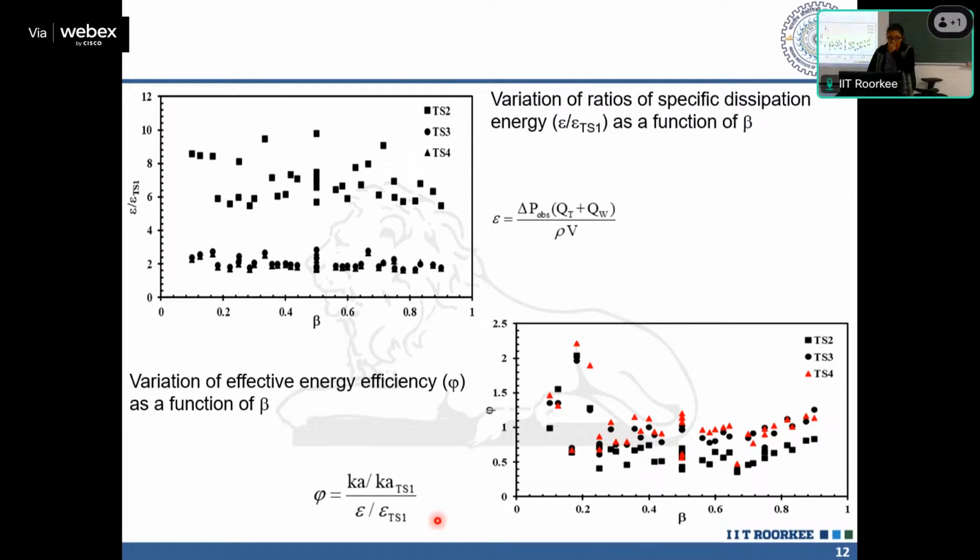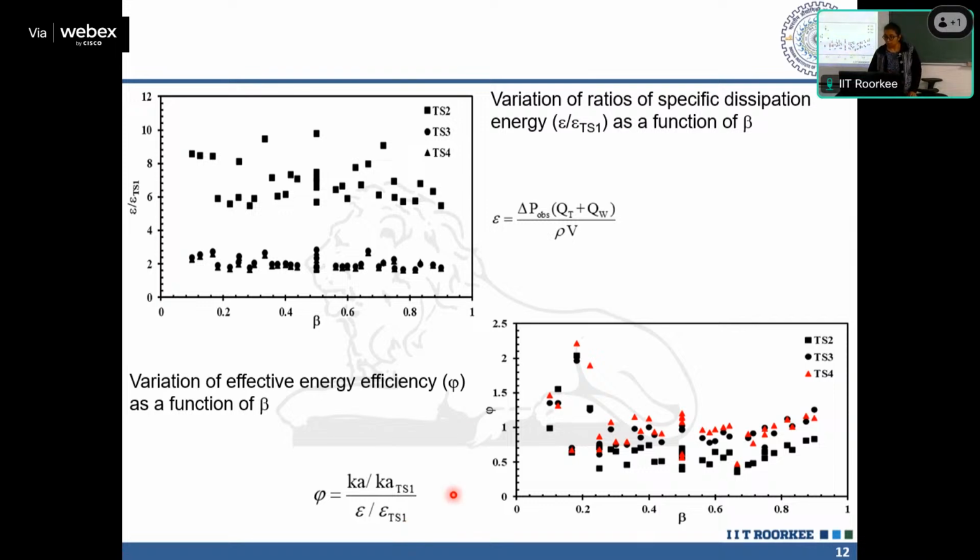That is, the viscous dissipation of that particular setup divided by the viscous dissipation of TS1. So the idea is to find precisely what fraction of your energy is going to enhance the mass transfer coefficient directly.